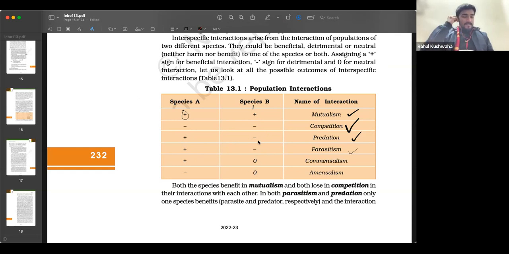So the difference is in predation, there is a predator and a prey. And the predator is an independent organism which hunts down the prey, overpowers the prey, is stronger than the prey, and kills the prey. So can you repeat again? Yes. So write down in predation, the predator is mostly larger in size.